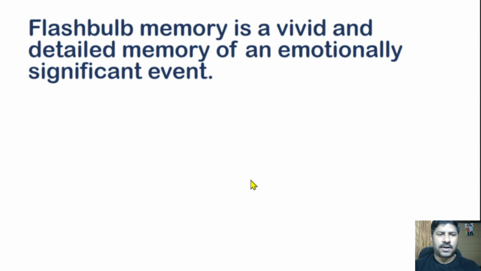Then the second option we have discussed, that is flashbulb memory. Flashbulb memory is a vivid, clear and detailed memory of an emotionally significant event. When an accident or some event like that occurs in a person's life, the person will clearly remember that particular incident, each and every detail of the event.